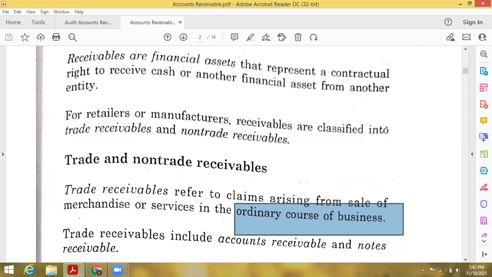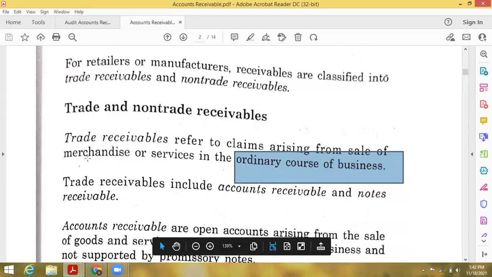Pero kung nagtitinda ka ng mga paninda or you are performing services, pag nanghiram sa'yo ng pera, it's not ordinary course of business. So, hindi siya trade receivables. Yung trade receivables is arising lang siya doon sa pag-perform natin ng service or pagbenta natin ng product, which is yun yung product or service na ino-offer ng business natin.